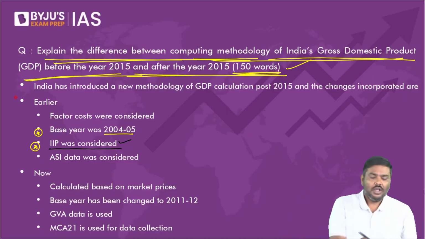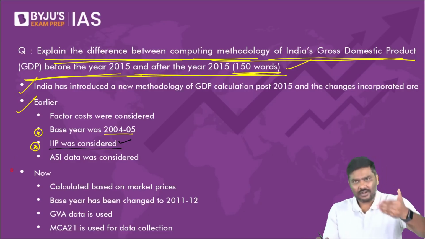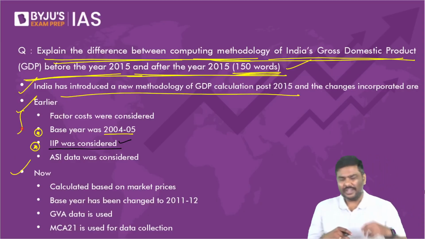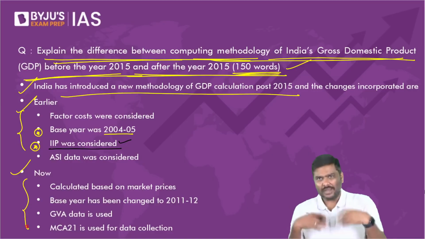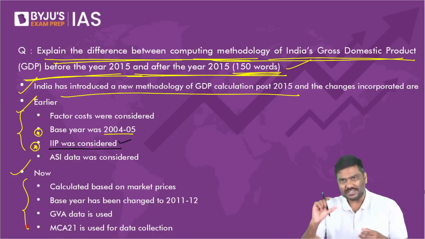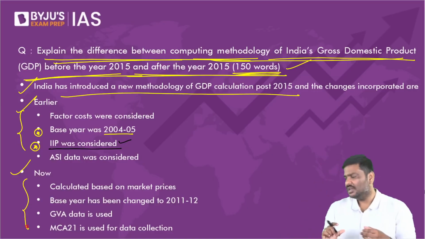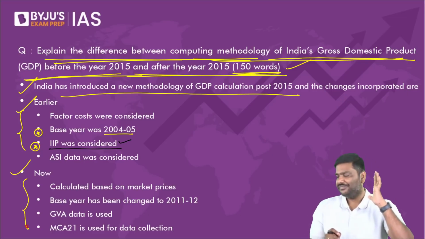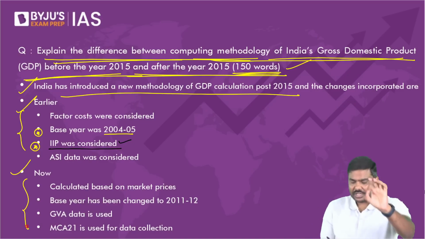Okay, so this is basically the structure. Write the introduction. Then make a comparison. Although it is given in pointer form, I would recommend that you write in paragraphs, because writing in points simply means you have memorized. Simple argument: imagine you are the evaluator.